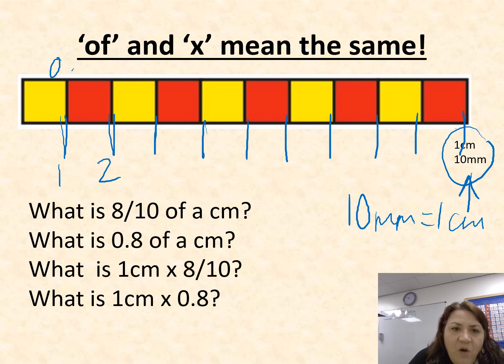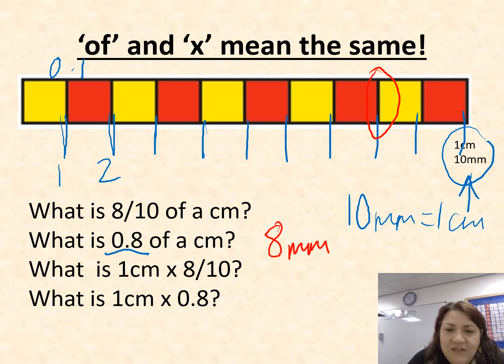So if this is 0.1, put your finger where 0.8 would be. 0.8 would be here. So if each one is worth 1, how many millimetres is that mark there? 8/10 of a centimetre is 8 millimetres. 0.8 of a centimetre is 8 millimetres. 1 centimetre times 8/10 is 8 millimetres. 1 centimetre times 0.8 is 8 millimetres.